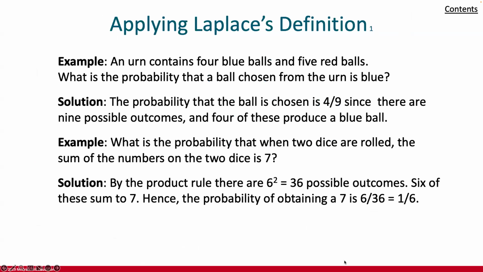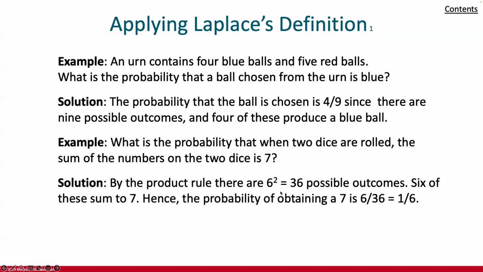Some examples: an urn contains 4 blue balls and 5 red balls. What is the probability that a ball chosen from the urn is blue? It's basically 4 out of 9. There's a total of 9 balls and 4 of them are blue. What is the probability that when 2 dice are rolled, the sum of the numbers on the 2 dice is 7?